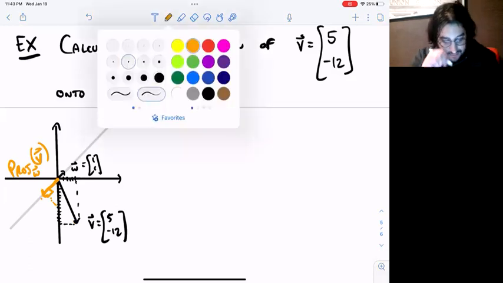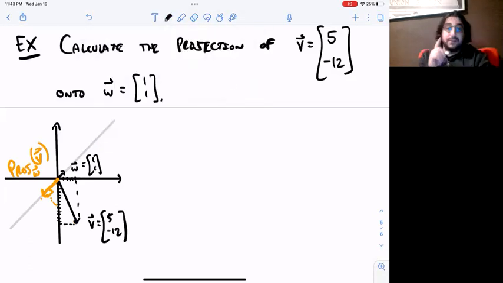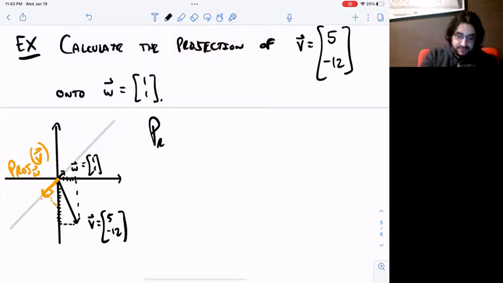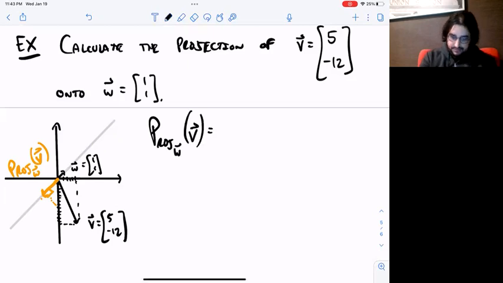So let's actually look at this projection. Let's calculate the exact coordinates of it. So what do I have? I have the projection of V onto W, which in this case is what?